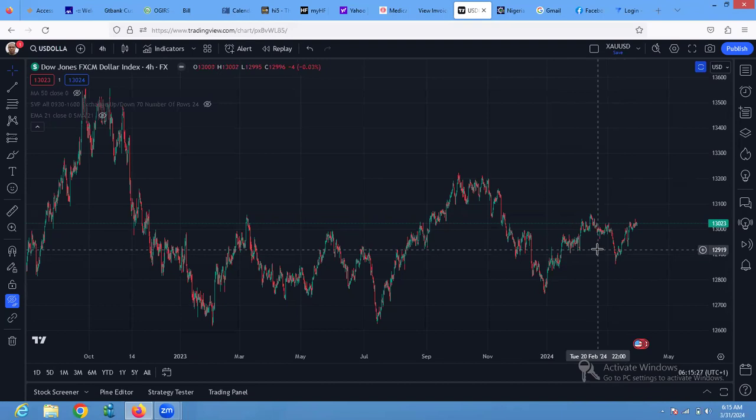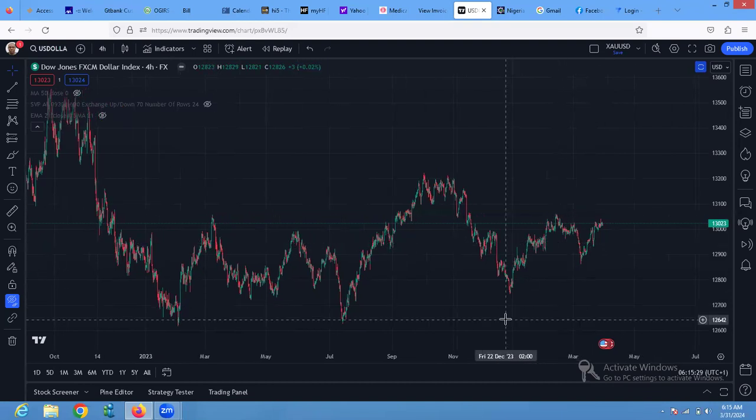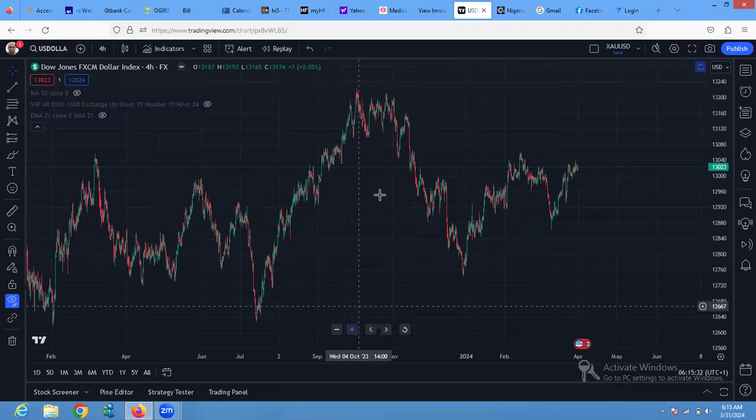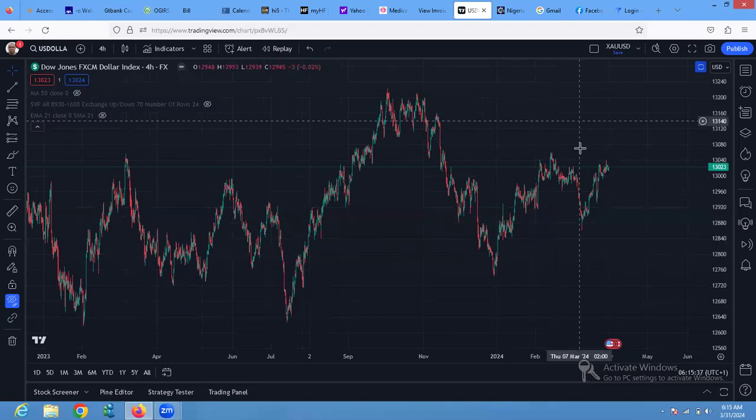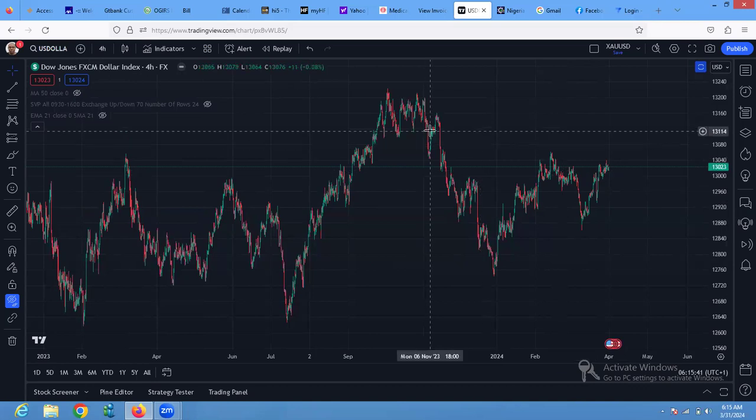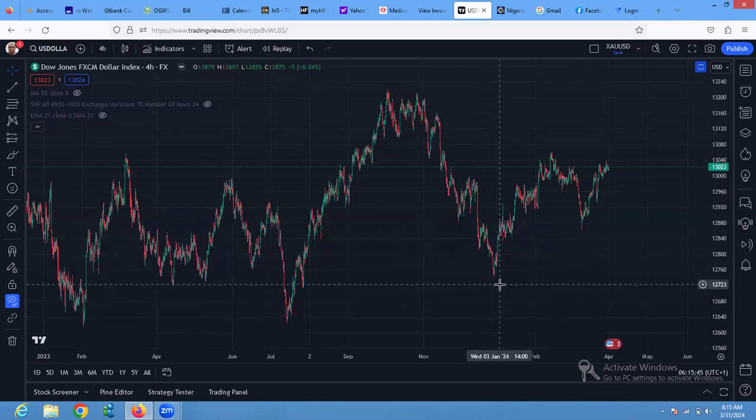So for me, we have to be wise. We have to have eagle eye to decode what exactly they are trying to print now. Now, if I want to interpret, I see this move as a five-wave structure, be it A, be it one.